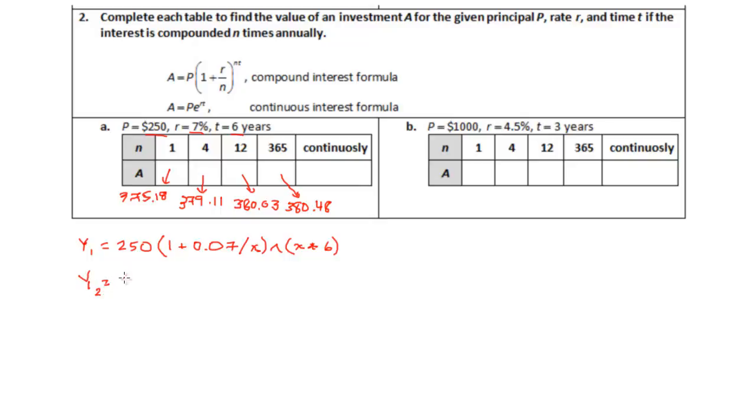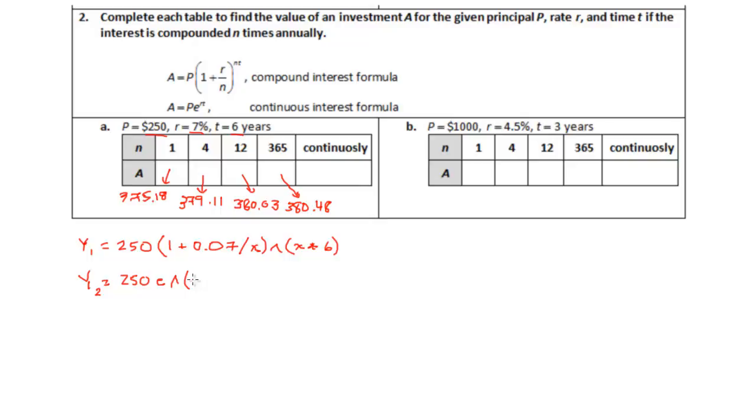Y2 is equal to 250. There's the principal. This time we're going to use e to the rt. Now, r is 0.07. Many calculators, when you press the second natural log key, you get e with a caret, open paren, at least the older ones.